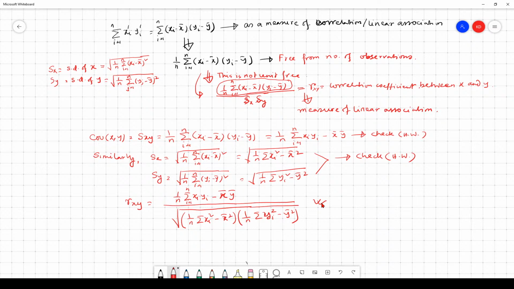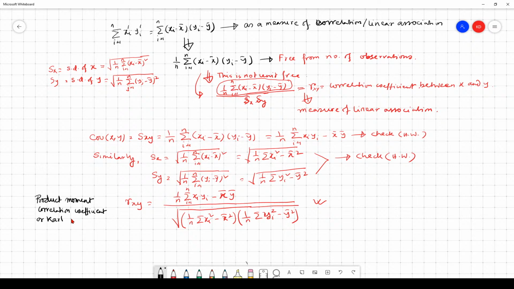Now, this is called the product moment correlation coefficient. This is called the product moment correlation coefficient, or Karl Pearson correlation coefficient, because this is due to Professor Karl Pearson.